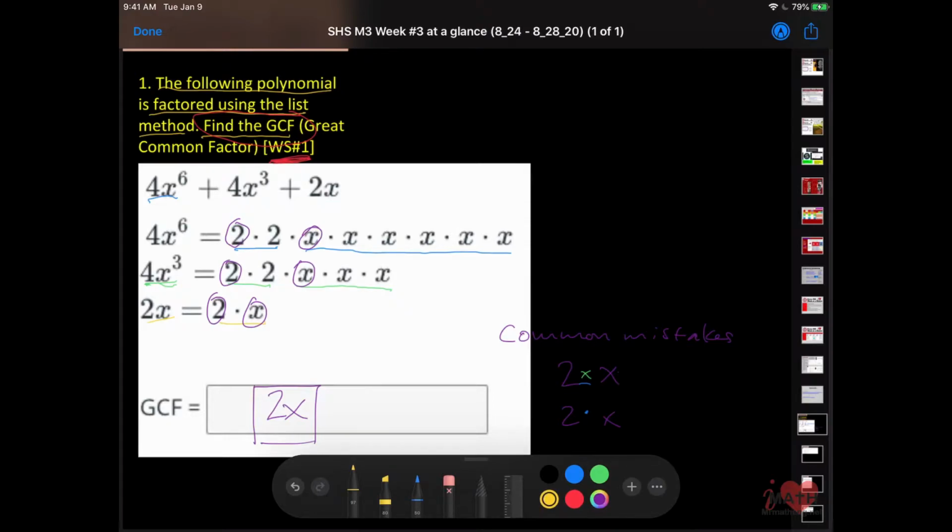Okay, let's say you wanted to finish this problem. So if your GCF in purple was 2x, then what was left in there is the 2, change it to a yellow, 2 and then 5 x's. So that would be 2 times x to the 5th. Remember, this number, the exponent, is kind of referring to the quantity, right? If you just ordered 5 pairs of Jordans, this is your quantity.